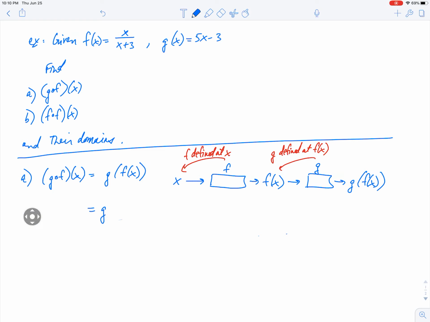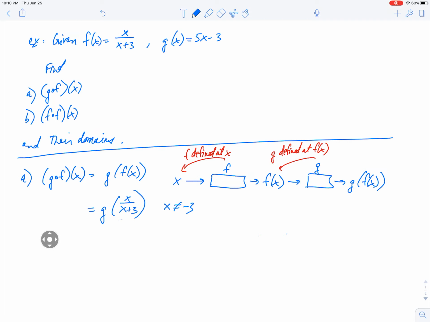So it becomes g of x over x plus 3. And then when I do that, I see that in order for the expression in parentheses to be defined, x cannot be negative 3, because then I'd have 0 in the denominator. So right away, as far as the domain is concerned, I see that x cannot be negative 3.